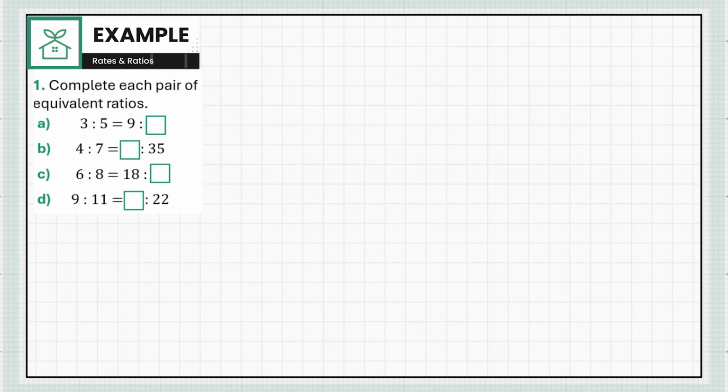So starting off, we're going to be looking at what are called equivalent ratios, and equivalent ratios are very similar to equivalent fractions. So if we start off with A, we're going to complete each pair of these equivalent ratios. So we have 3 to 5 is equivalent to 9 to something.